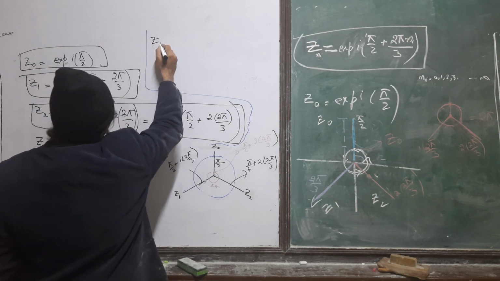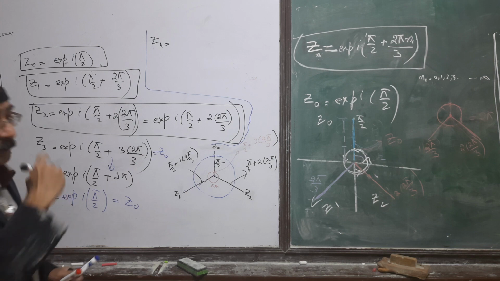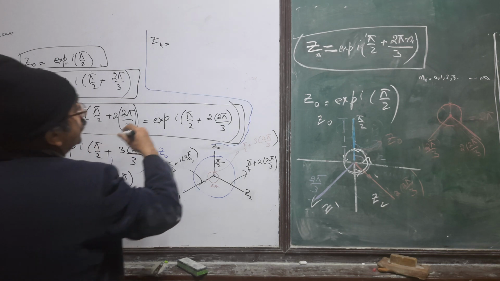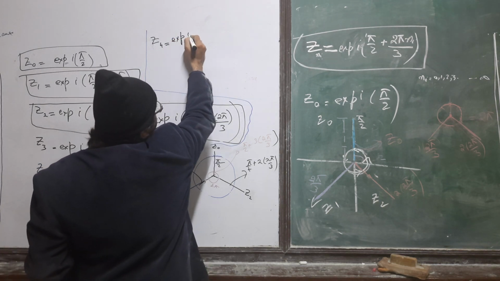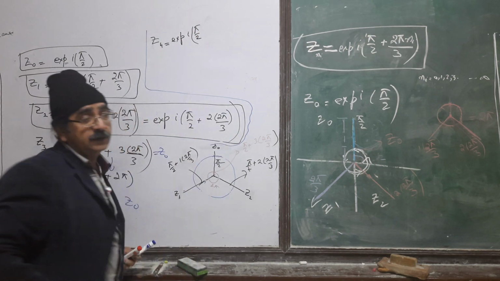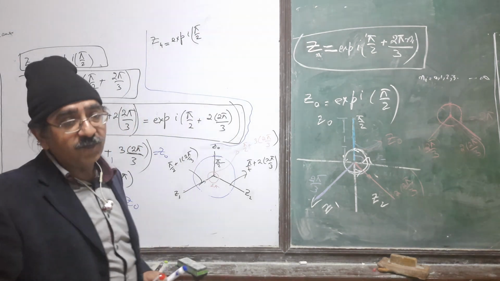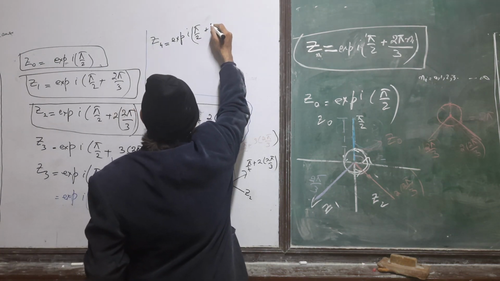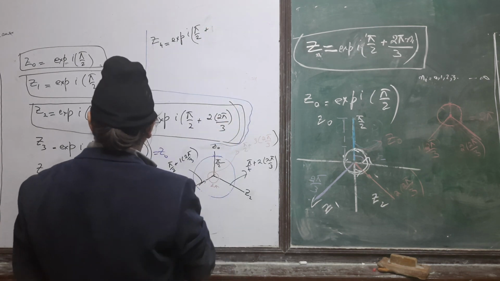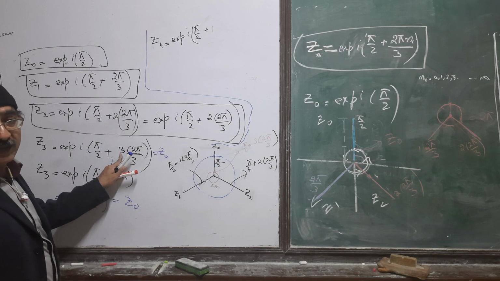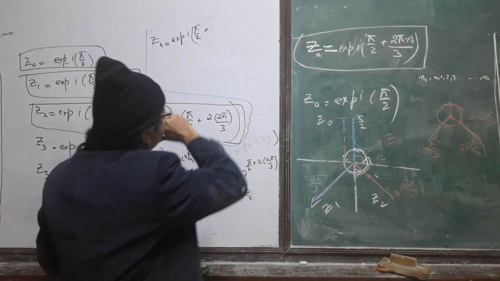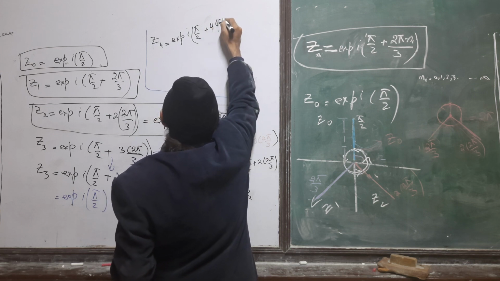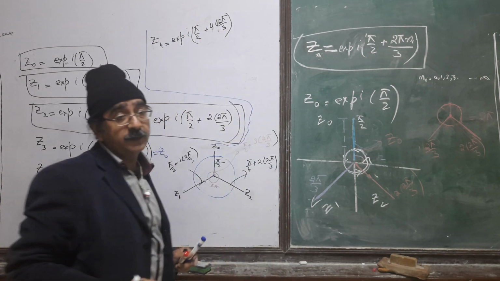This is z3, z4, that will be 4 times the exponential of iota pi by 2 plus... if there is 3, then that will be multiplied by 3. If there is a 4, then it will be multiplied by 4, into 2 pi by 3.